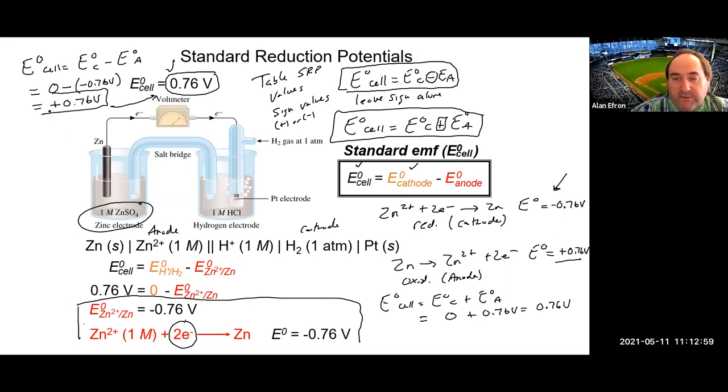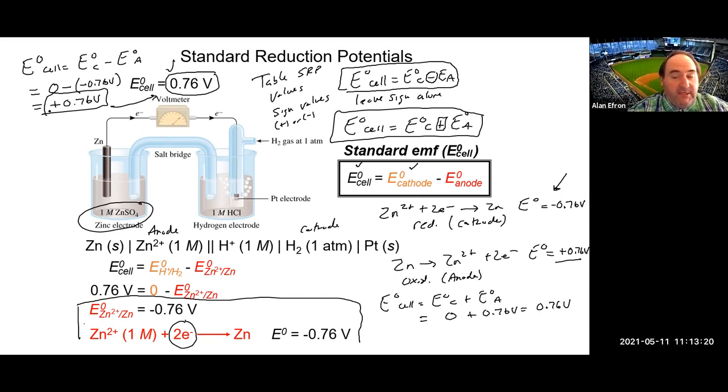So I'll put it this way, and we'll do more examples, obviously, as we continue through this chapter, but you should choose one way and stick with it, because you're going to mess up if you don't. So personally, I go with the minus, and I leave the value as I find it in the table.